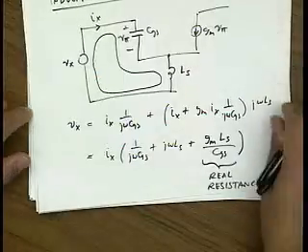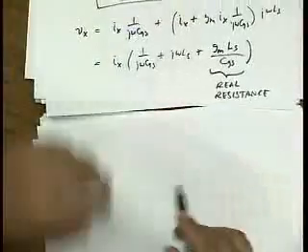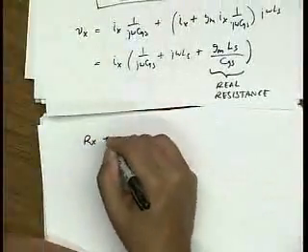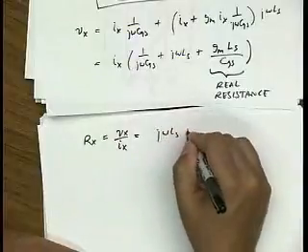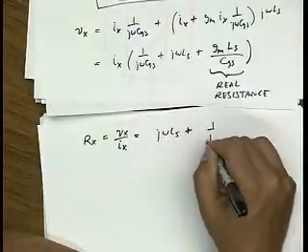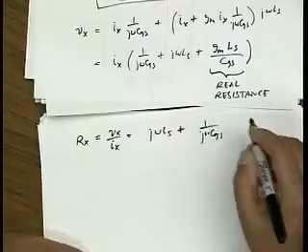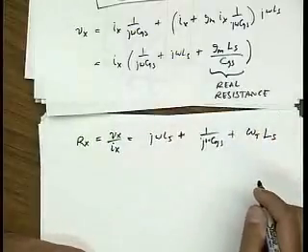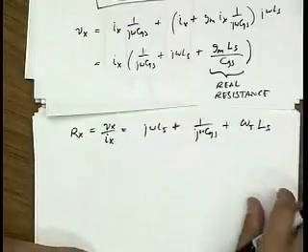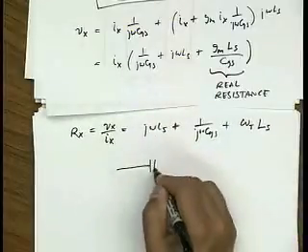Okay? So in other words, the equivalent circuit, so Rx, which is Vx over Ix, is an inductor in series with a capacitor in series with a resistor of value omega T times Ls. Okay? So the equivalent circuit looks like this.